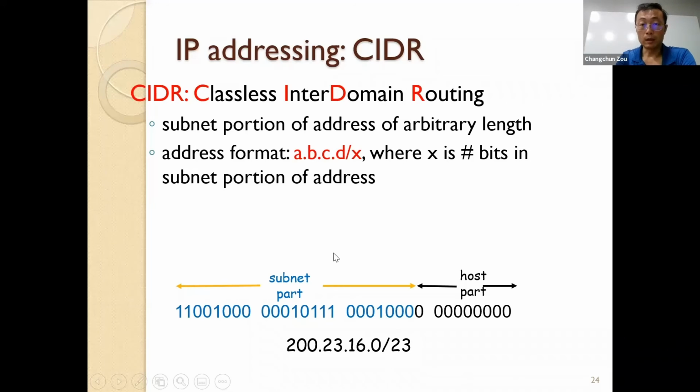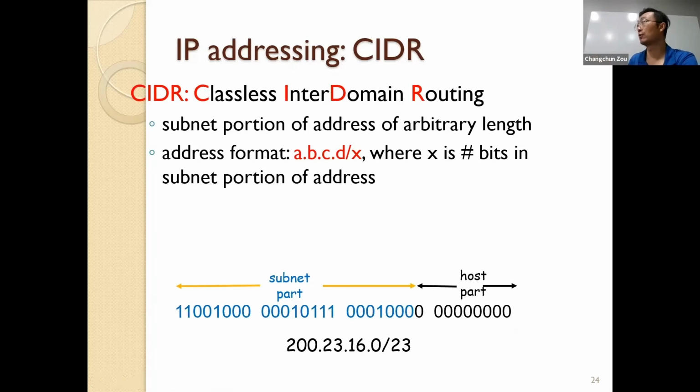And this subnet representation is the IP address you get when you put all zeros in the host part. That is the IP address that represents the subnet. You can think of ABCD as the first IP address in the subnet, because the first IP address of the subnet is all 0 in the host addressing part. The last IP address in the subnet is when all these remaining bits are 1111.